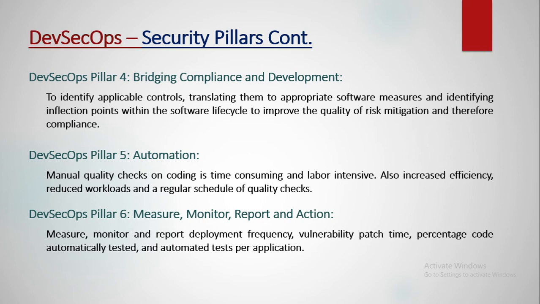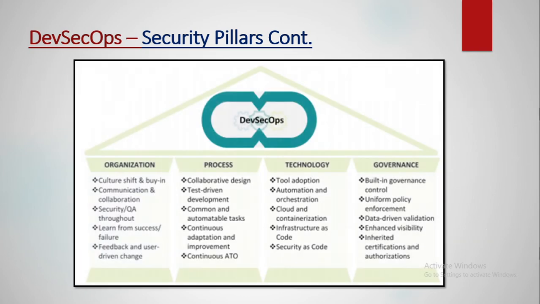Through this, we can monitor vulnerability remediation time, frequency of deployment, automated testing per application, and the percentage of code tested. The results during software development and after delivery must be reported, measured, and monitored. That's all about the 6 pillars of security. Now we will move to the next slide.